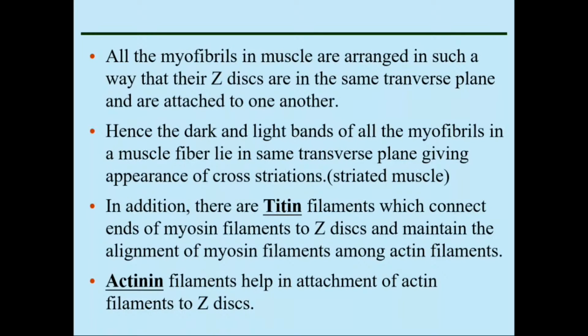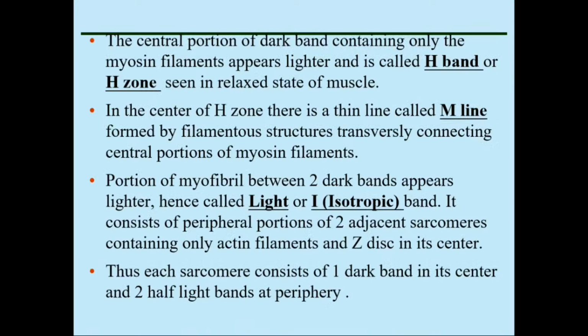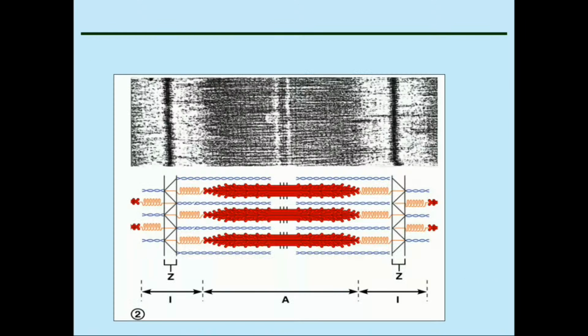All the myofibrils in a muscle are arranged in such a way that their Z discs are in the same transverse plane and are attached to one another. So now imagine here, this is one myofibril with the Z disc, this is another myofibril with the Z disc, there is a third myofibril here with the Z disc.